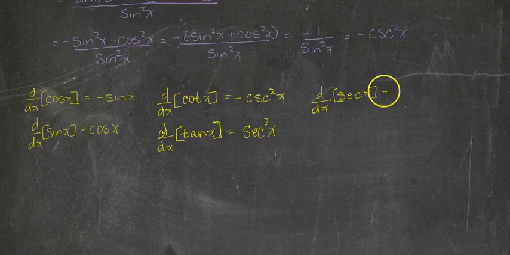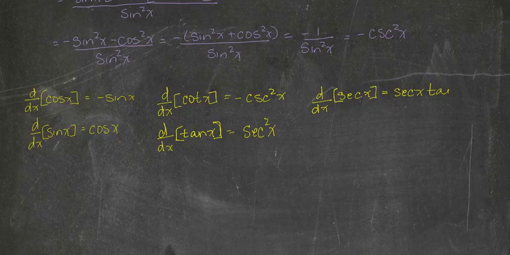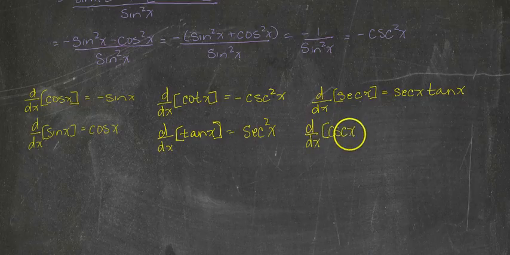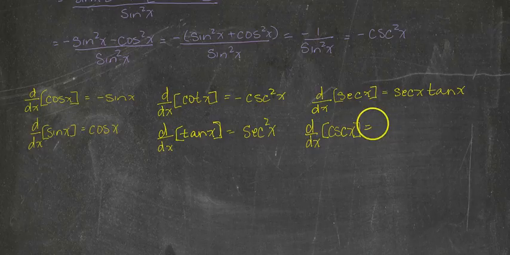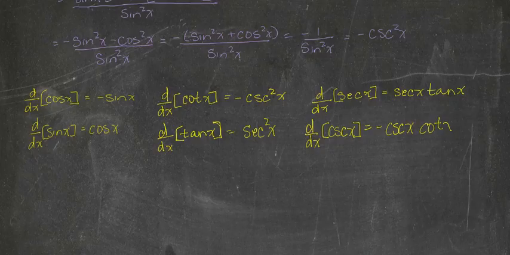So the derivative of secant x is secant x tan x. And the derivative of cosecant x is negative cosecant x cotangent x. So these need to be committed to memory as soon as possible.